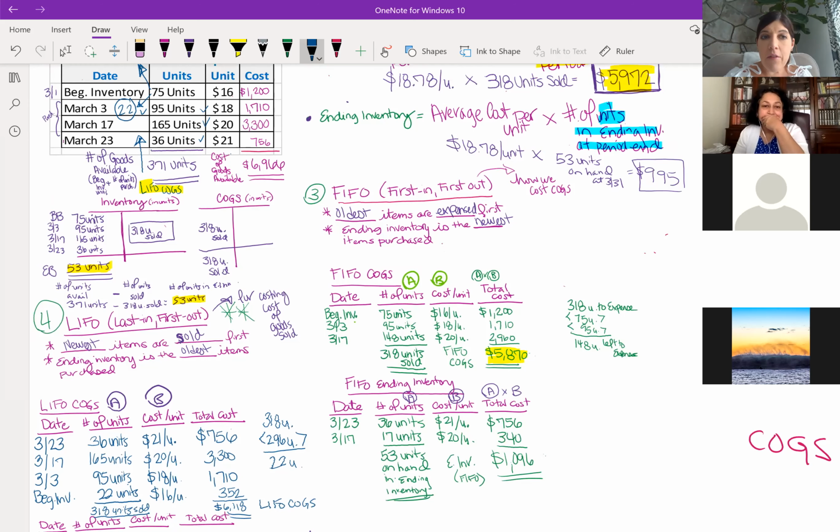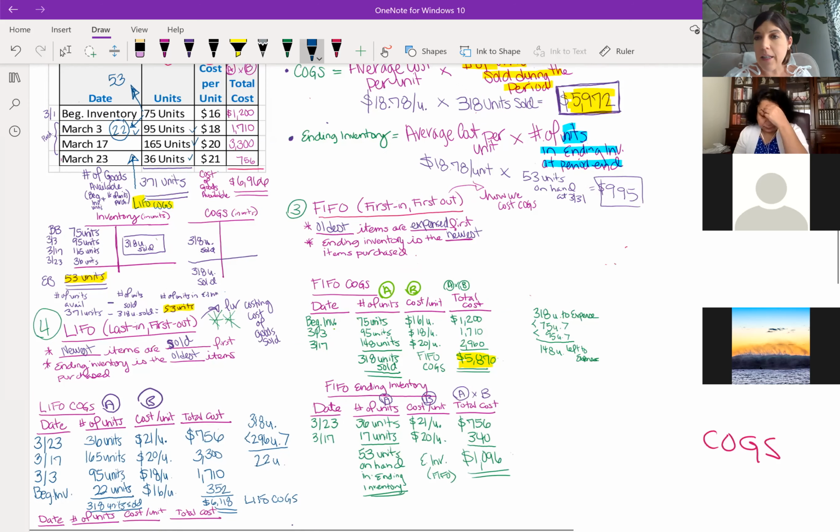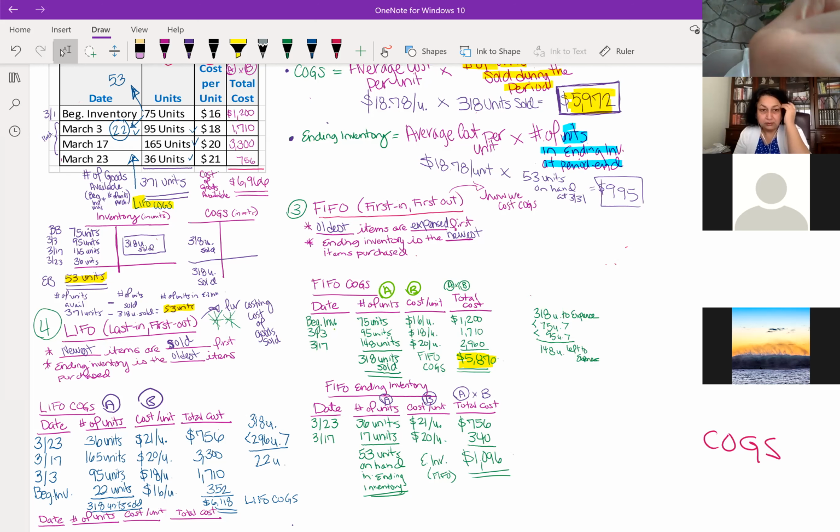For ending inventory, this is pretty easy at this point, right? LIFO ending inventory is what's left over, and you always start with the oldest inventory. In this case, we only have one layer.